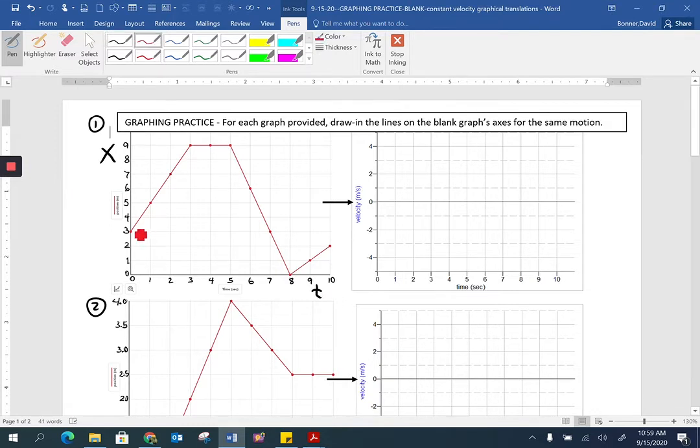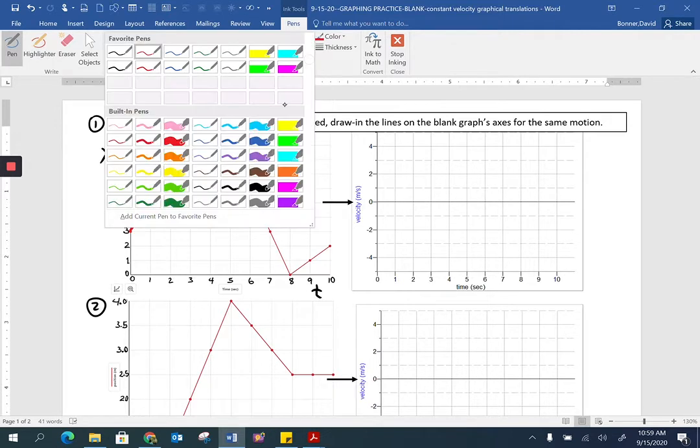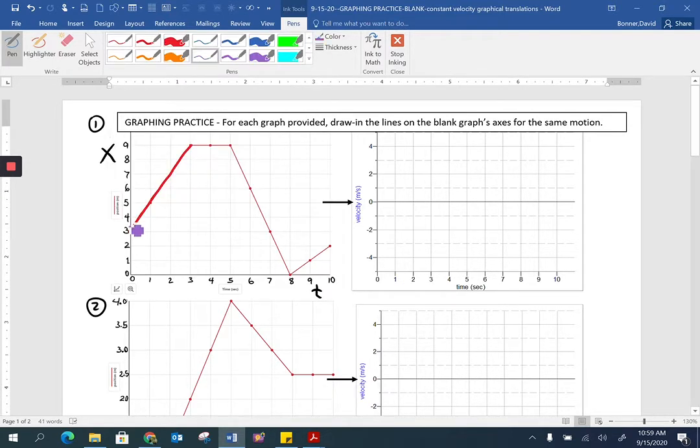So if we look at this section right here first, we can get slope by doing rise over run, and that's going to give us the velocity because it's showing how far we go up, which would be from 3 to 9, a delta x of 6 meters.